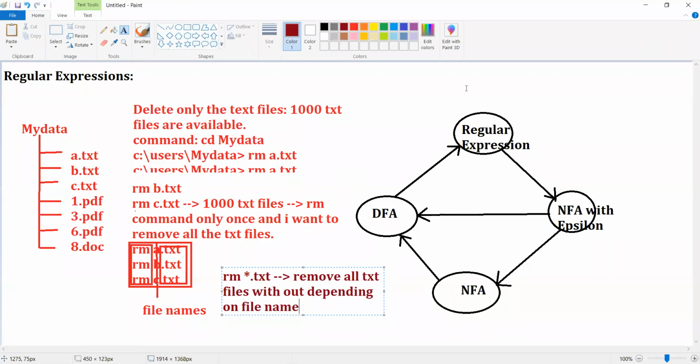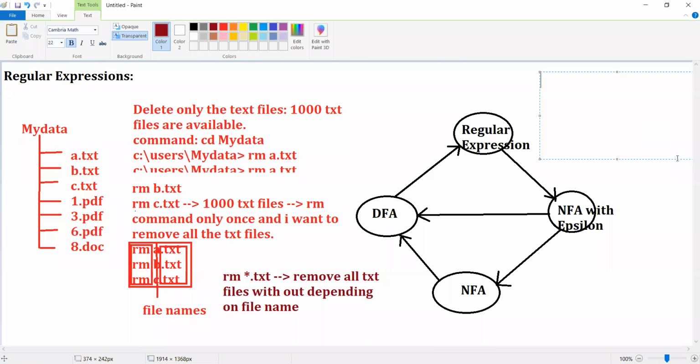Now let us observe that I have a few files like this. What are the files?